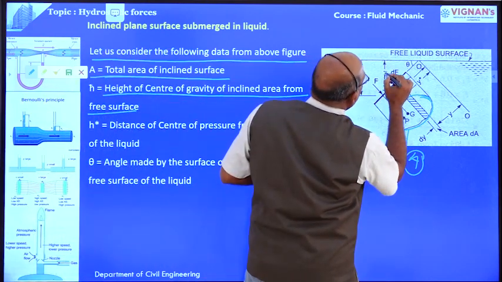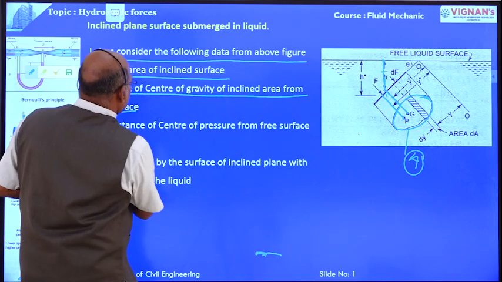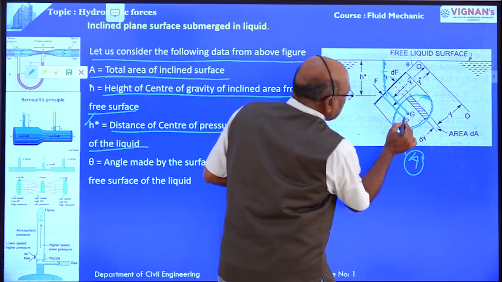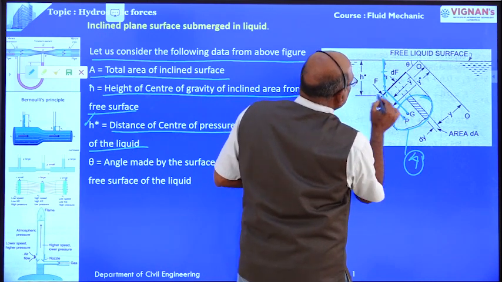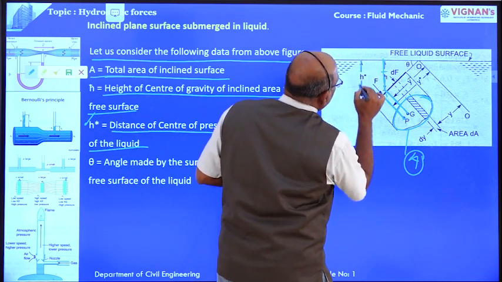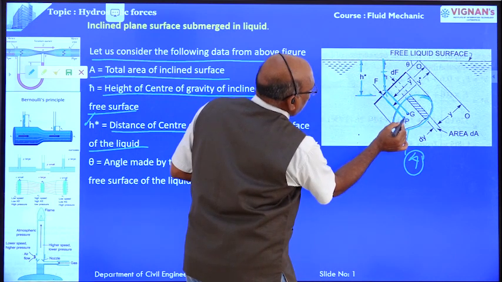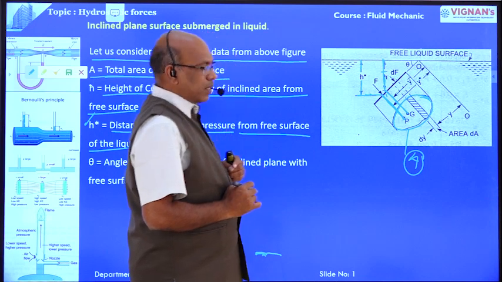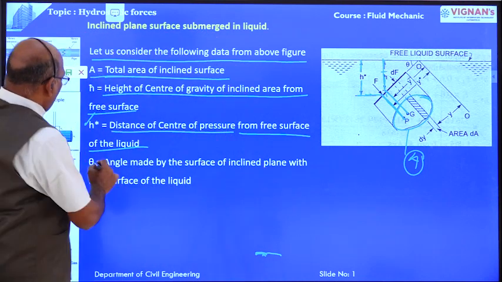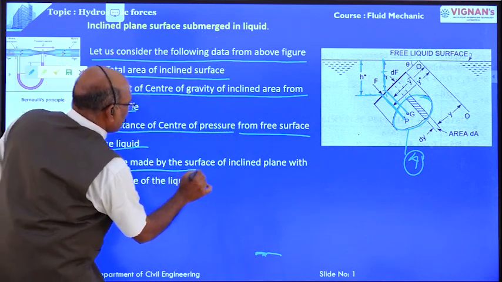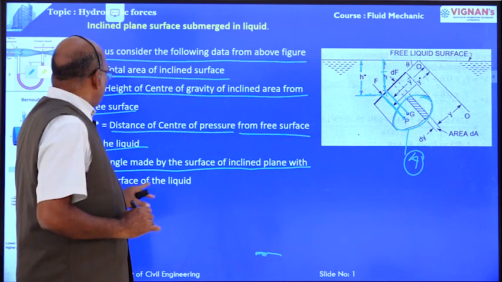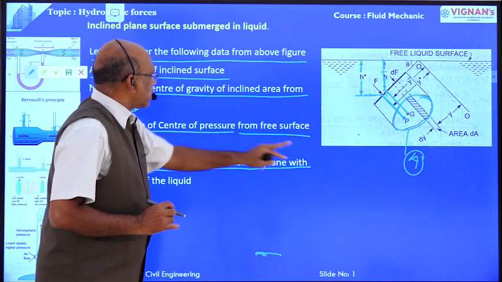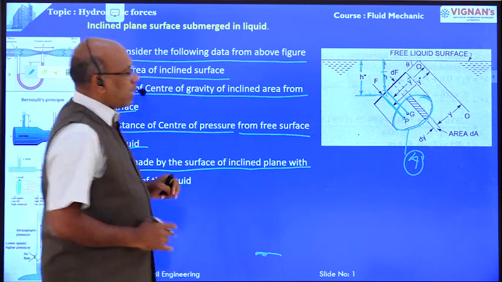H star is the distance of the center of pressure from the free surface of the liquid. Also, theta is the angle made by the inclined plane surface with the free surface of the liquid.